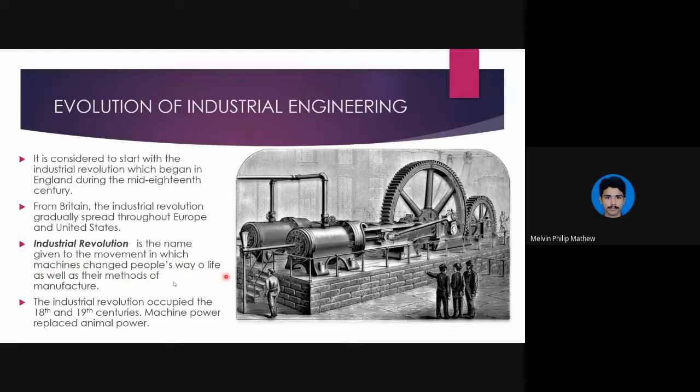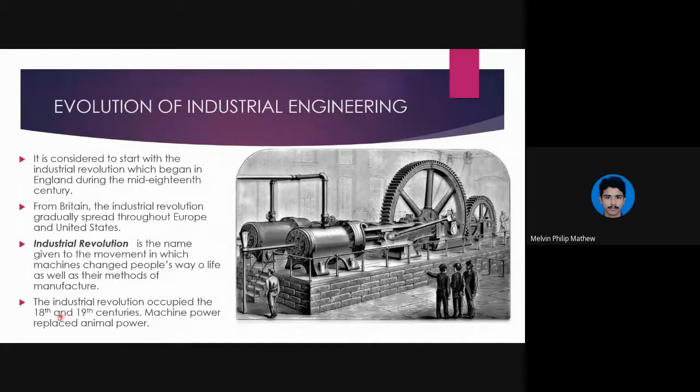Okay, for producing a product or for various job operations, we used machines. So when machines changed people's way of life from animal power to machine power, that moment, or the change, is termed as the industrial revolution.